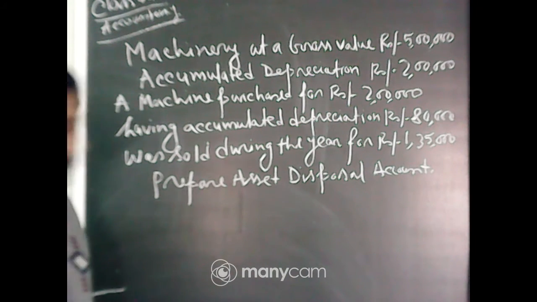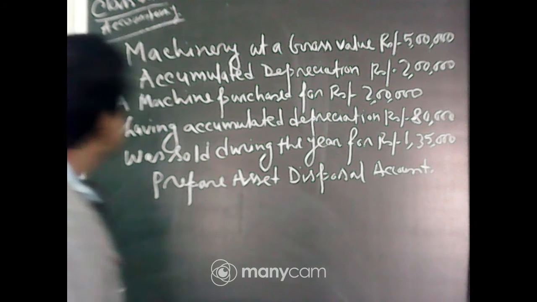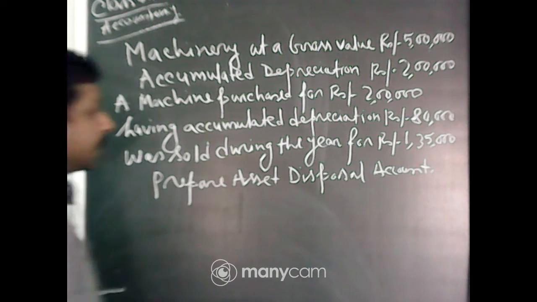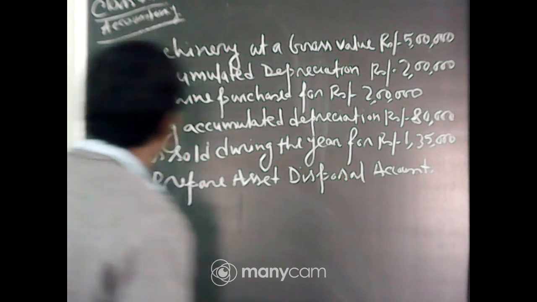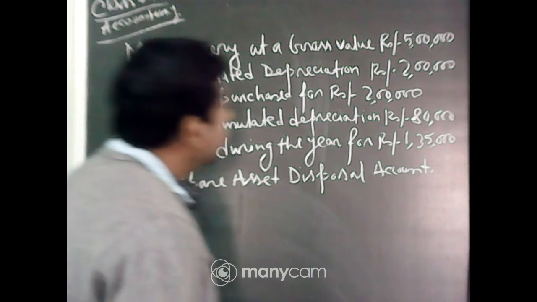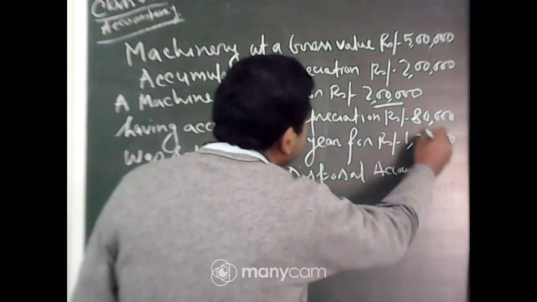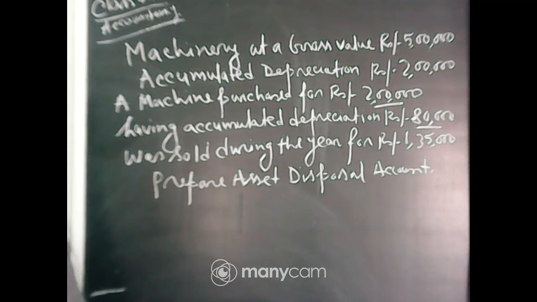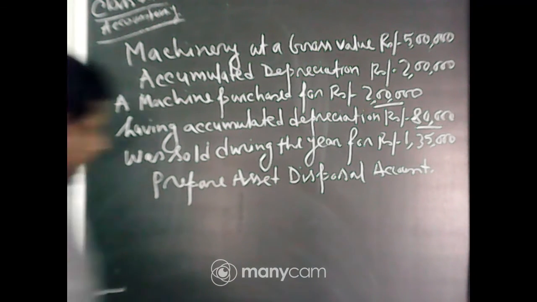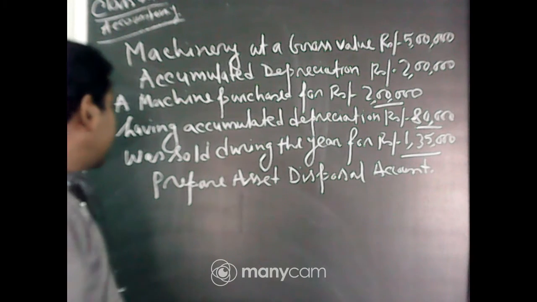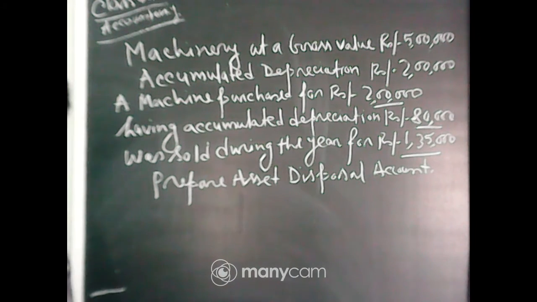Then they said a machine was purchased for rupees 2 lakh, which means an original cost of rupees 2 lakh, having accumulated depreciation of 80,000. This particular machine was sold during the year for rupees 1,35,000, and now we prepare an asset disposal account.